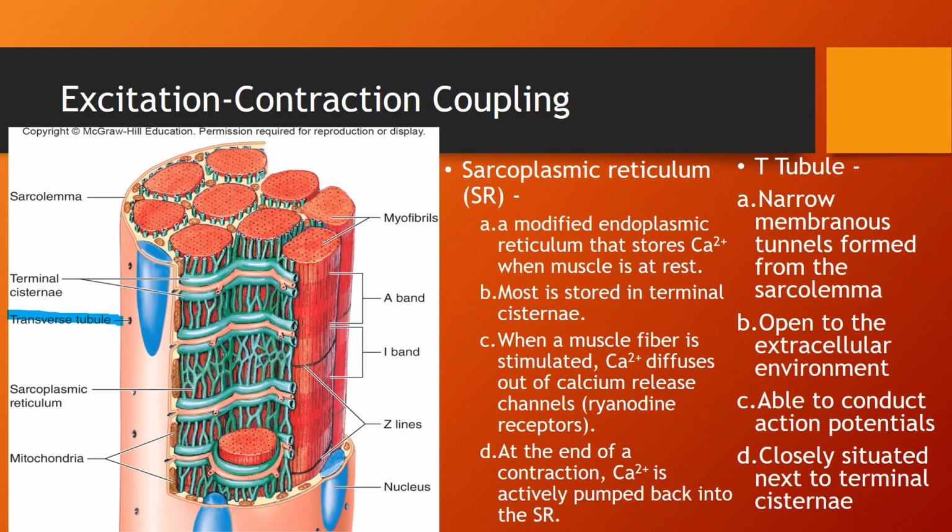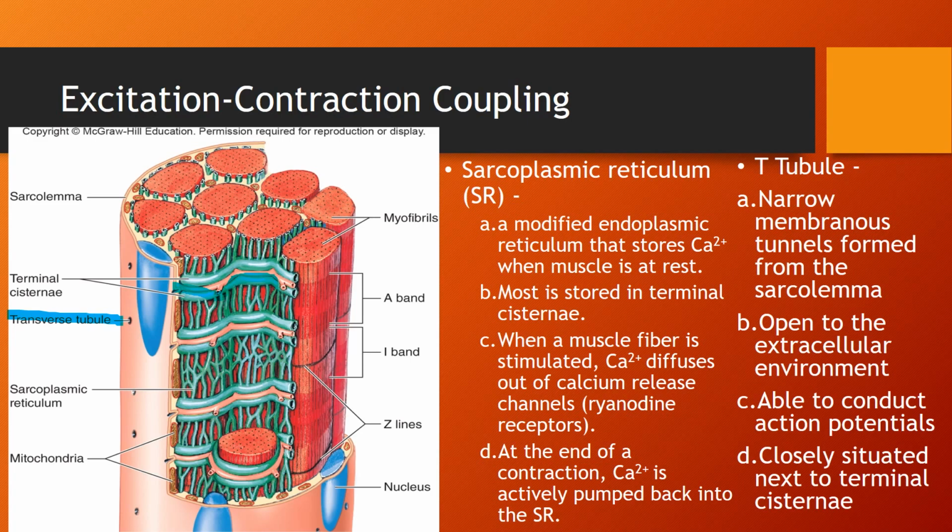So the T tubules are tube-shaped, and these are invaginations that we find within the sarcolemma, which is just a fancy name for plasma membrane specific to skeletal muscle. All right, so these T tubules are going to go through and penetrate the muscle fiber. All right, and so what we have here in this pinkish color, okay, those are the T tubules.